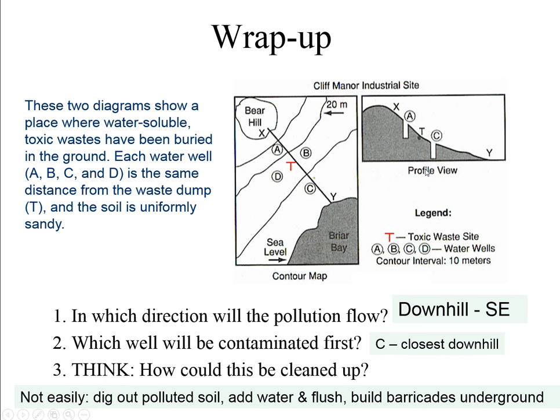Pretty hard to do. You could also build barricades underground, trying to stop the polluted water from making it to the bay. But none of them are really great options. So once you hurt the groundwater, you really run the risk of not being able to clean it up again. And so that's it.